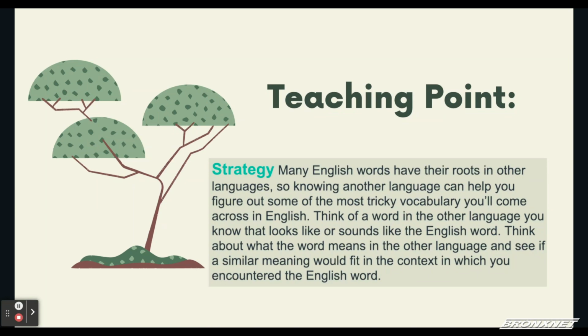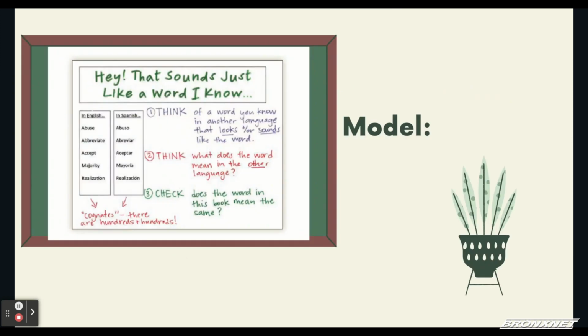Think of a word in the other language you know that looks like or sounds like the English word. Think about what the word means in the other language and see if a similar meaning would fit in the context in which you encountered the English word. Let's try.